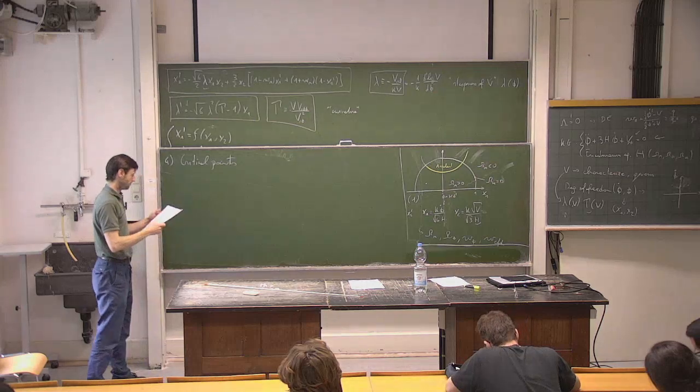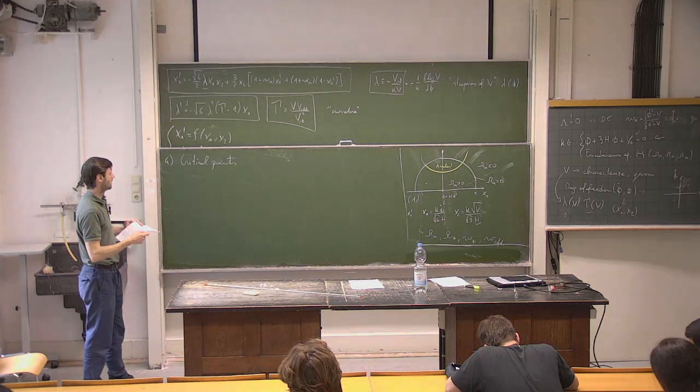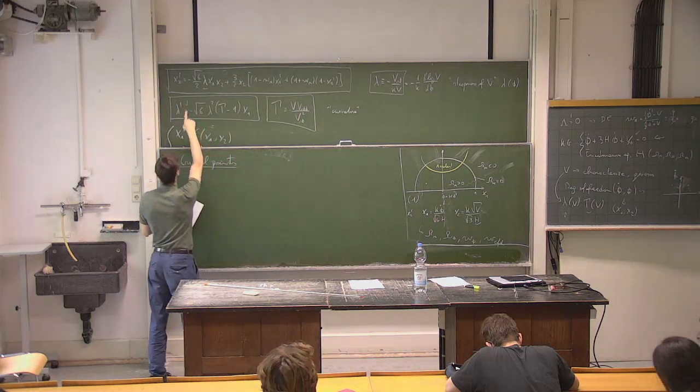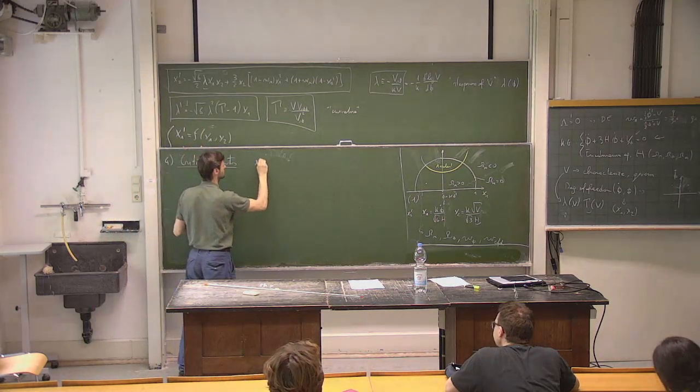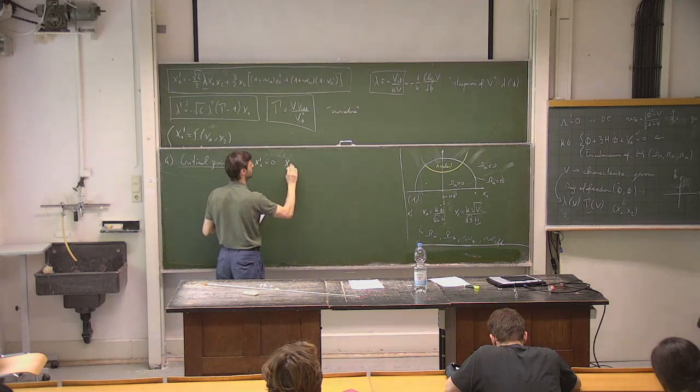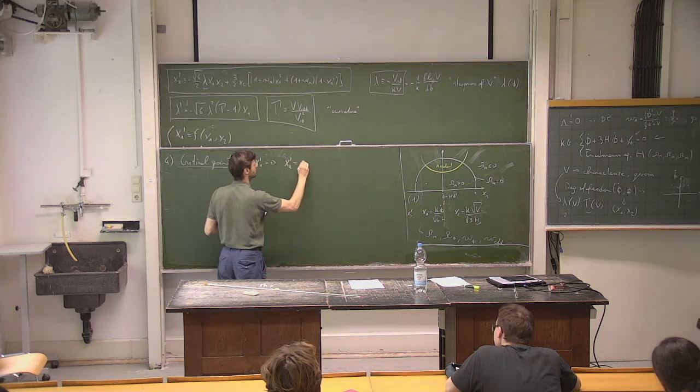Critical points are the points where these derivatives are not changing: x1 prime equal to 0, and as well x2 prime equal to 0.